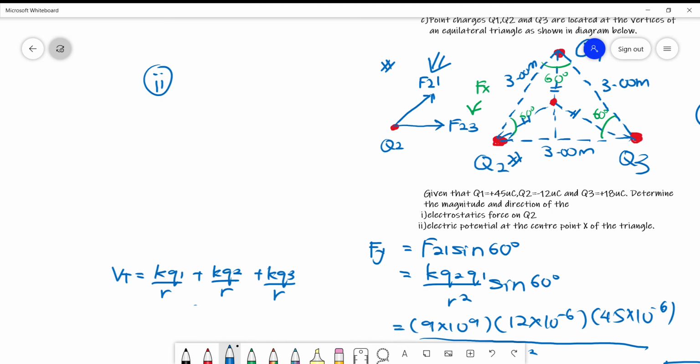Since this one is 60 degrees, this one shall be 120 degrees.